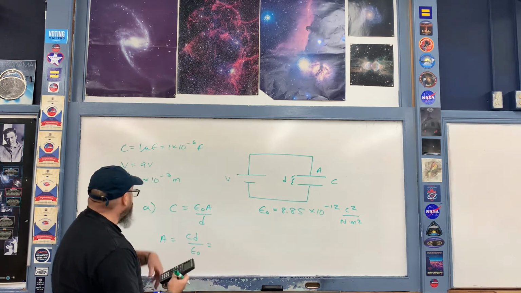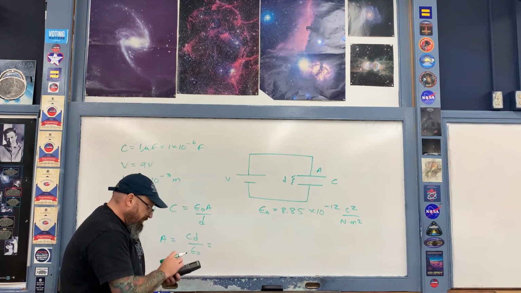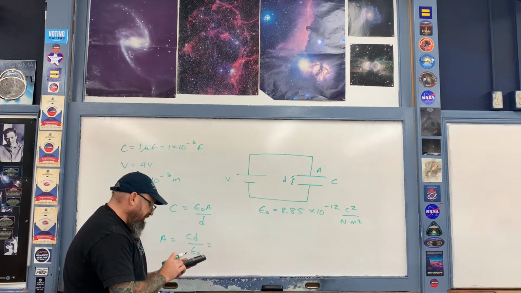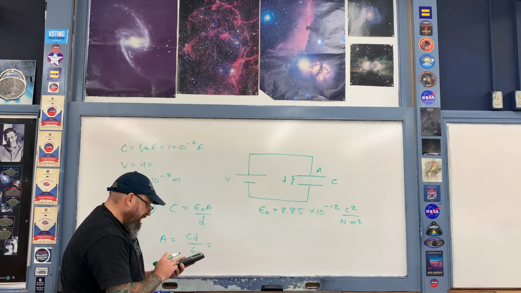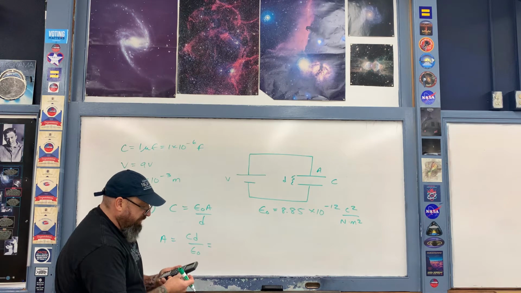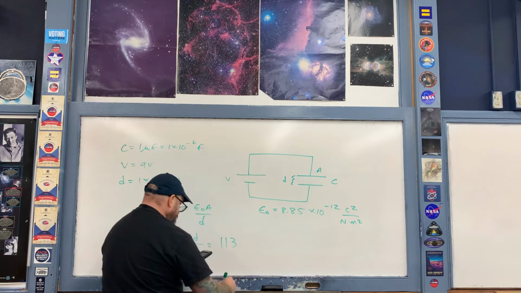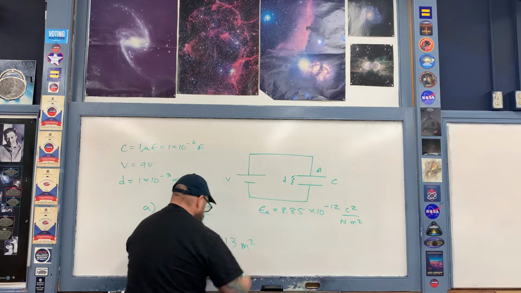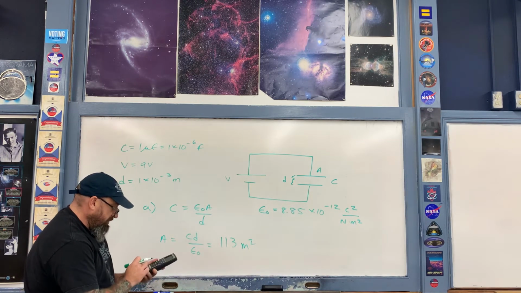So I'm going to write the capacitance now as 1 times 10 to the minus 6 in my calculator, then multiply by 1 times 10 to the minus 3 for d, and then divide by epsilon naught. I do have to take care that everything is in proper metric SI units when I make this calculation. And I end up with A being quite large, 113 meters squared, like so. Okay, I'm going to double check that calculation just to make sure.